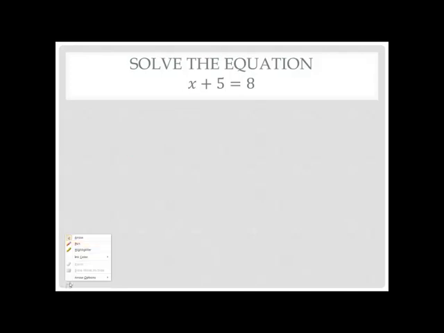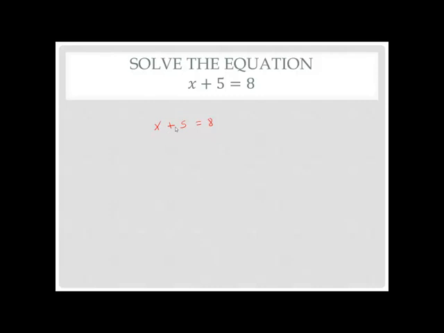Okay, solve this equation. So again, our goal in solving equations is to isolate the variables. So this one is pretty simple. I have x, or some number, plus 5 equals 8. Now you might be able to mentally replace that x with a number and know what it is. But let's go through the process of how to solve the equation, so when you have something tougher, you'll know how to solve it.